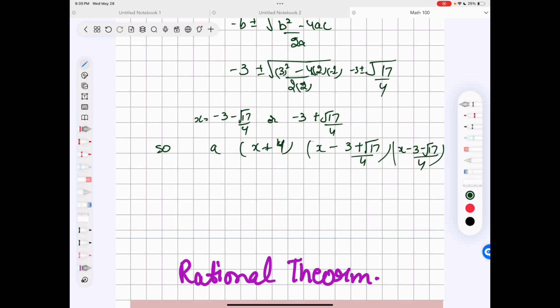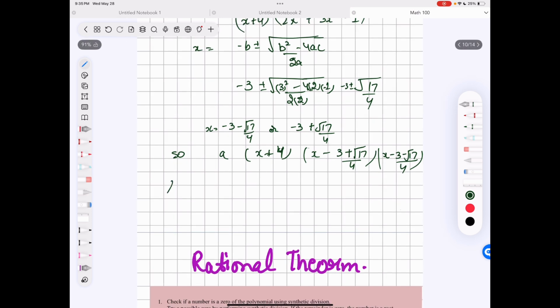So a is our leading term, so it's going to be f of x equal to 2 x plus 4, and then x minus 3 plus 17 over 4, and x minus 3 minus 17 over 4.